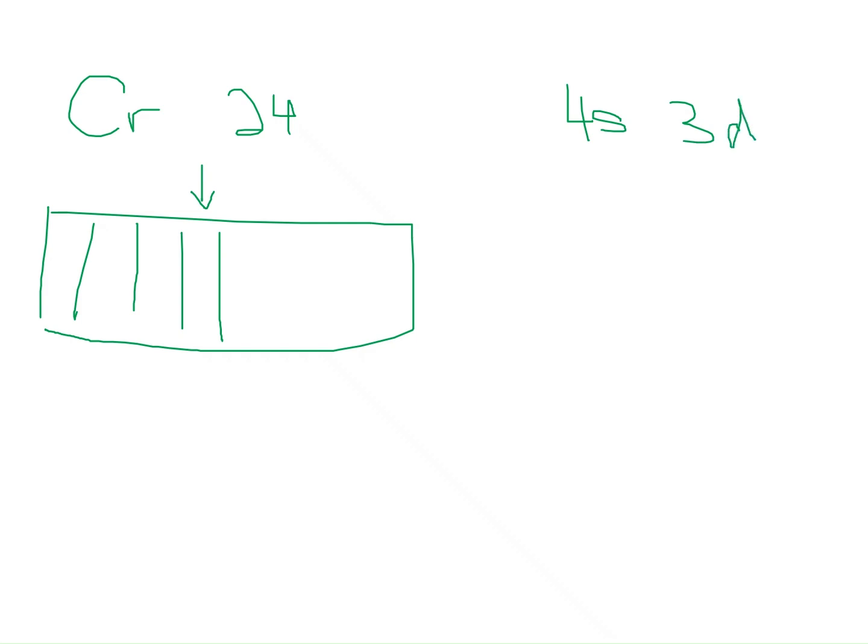So the 4s will be filled with 2 electrons first, followed by the 3d orbitals. Looking at the atomic number of chromium, the 3d orbital will be occupying only 4 electrons.